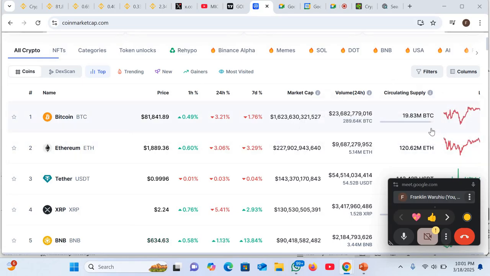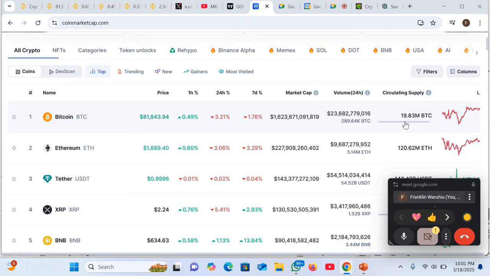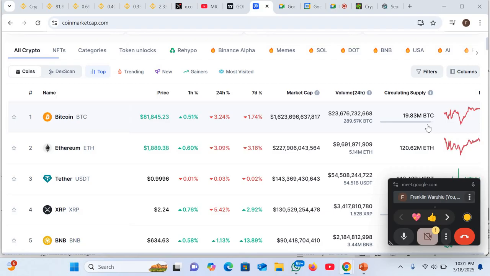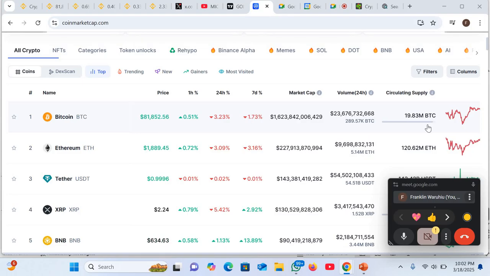Like I said, the circulating supply of Bitcoin is around 19.8 million Bitcoins, but the total maximum supply is around 21 million. That means we have around 1.17 million Bitcoins that are not in circulation. That means they are yet to be mined, and that is what Bitcoin miners do, to mine those Bitcoins, and then they transfer the Bitcoins into the market.